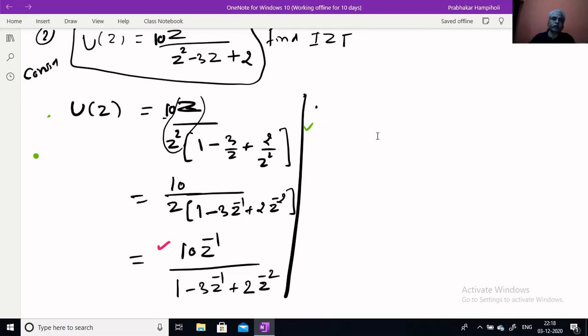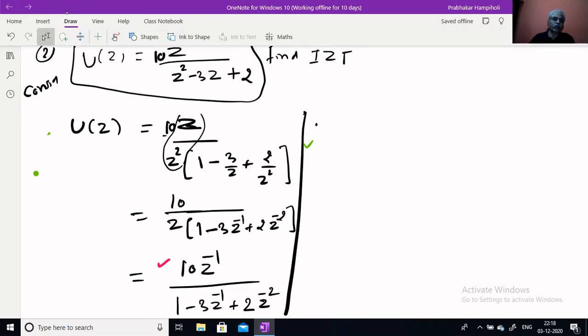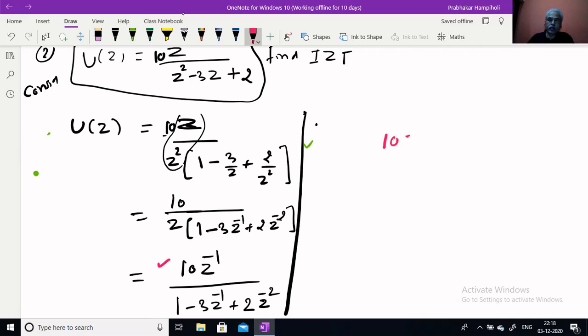Okay, what we were considering, coming back to our usual method, we are dividing 10 times z raised to minus 1 by the denominator 1 minus 3 times z raised to minus 1 plus 2 times z raised to minus 2.